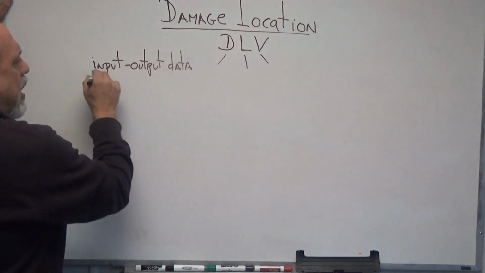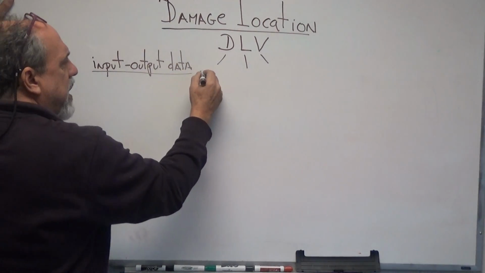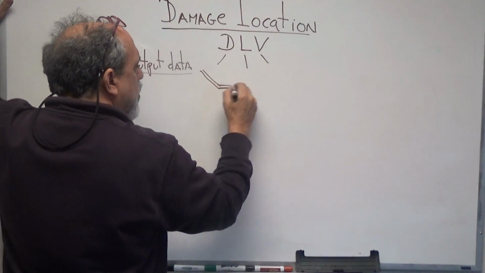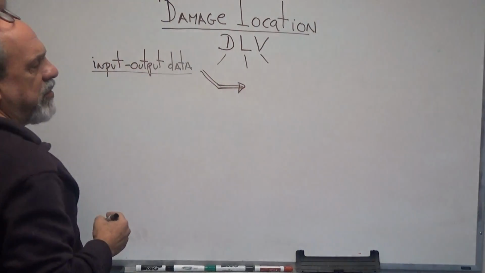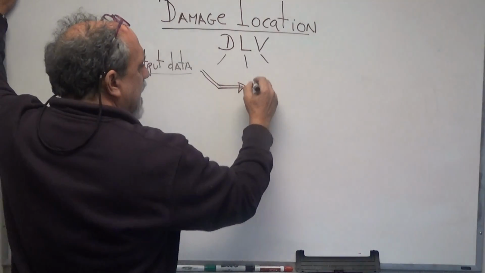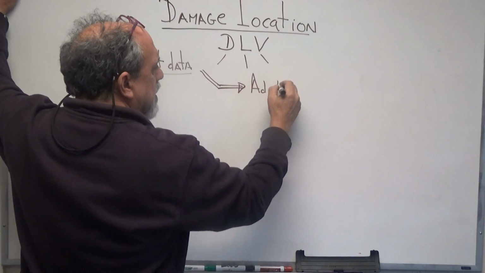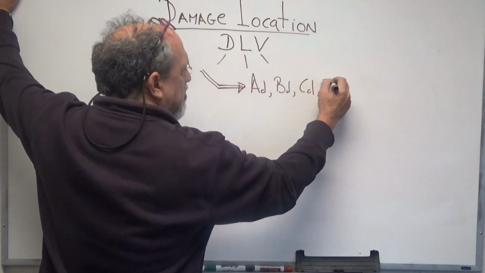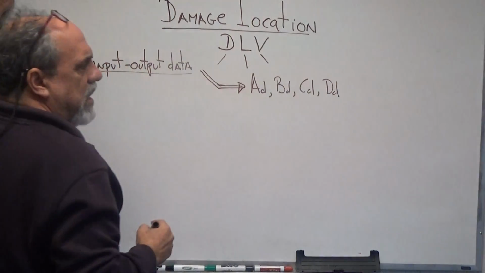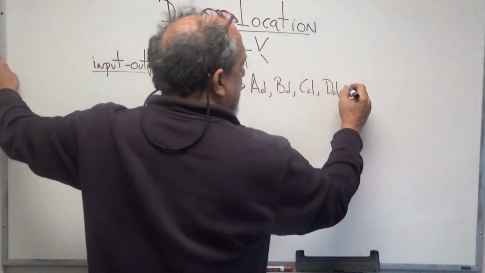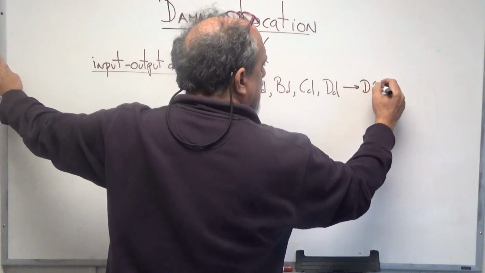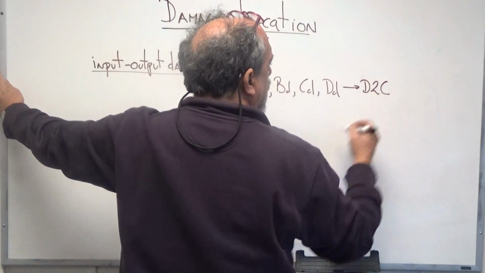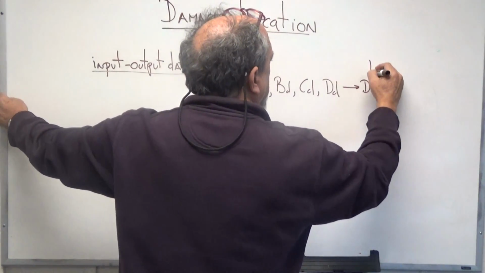And from the input-output data, we have done what we already know how to do, and we've obtained a realization A discrete, B discrete, C discrete, D discrete, and from that realization we've done a D2C, and we have the continuous time, right?